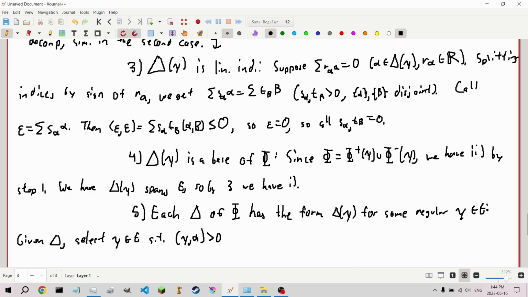It's an acute angle with every element in the basis.